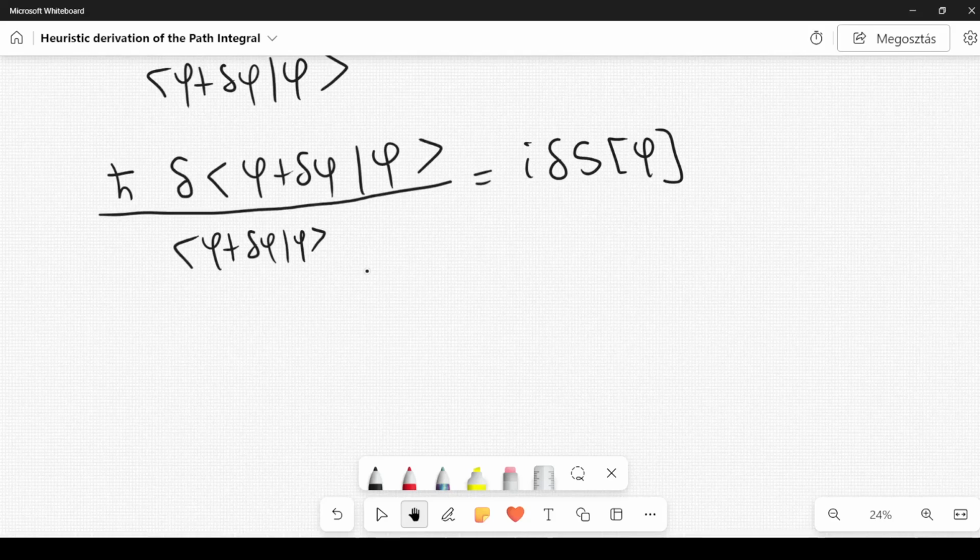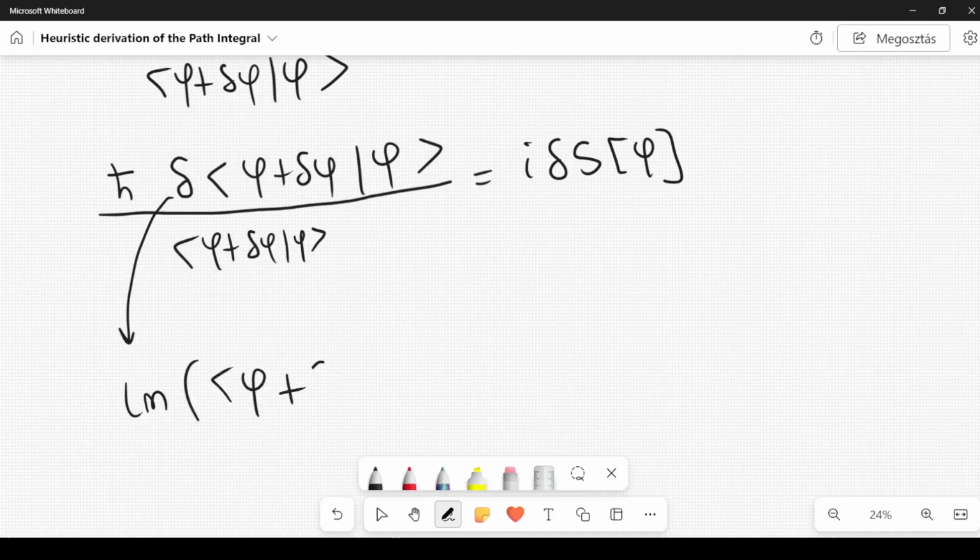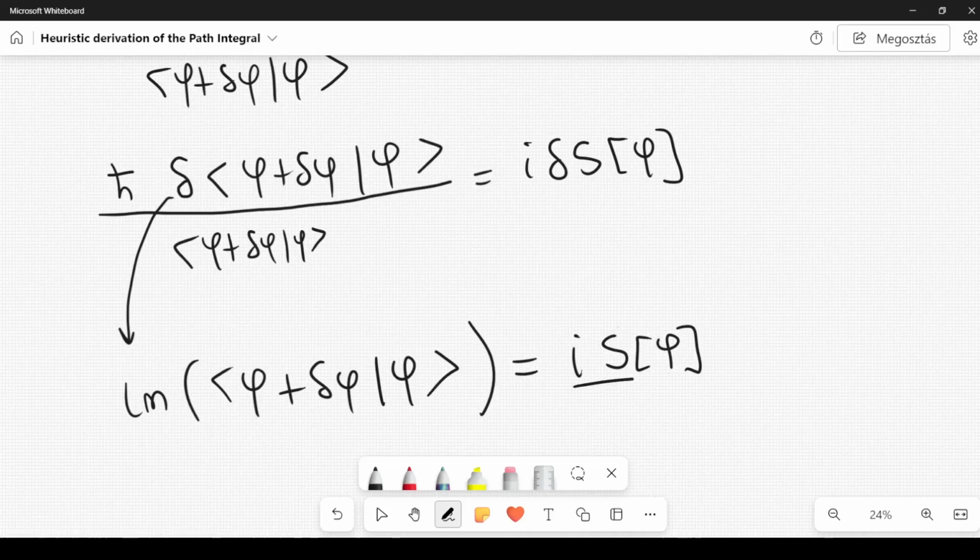What we have derived so far is known as the quantum dynamical principle, or also known as Schwinger's principle, which is related to the path integral formulation of quantum physics. So at this point, we can quite informally but still effectively integrate this expression. So we can write the natural logarithm of this inner product, phi plus delta phi, phi, equal to iS divided by h bar, after we integrate.